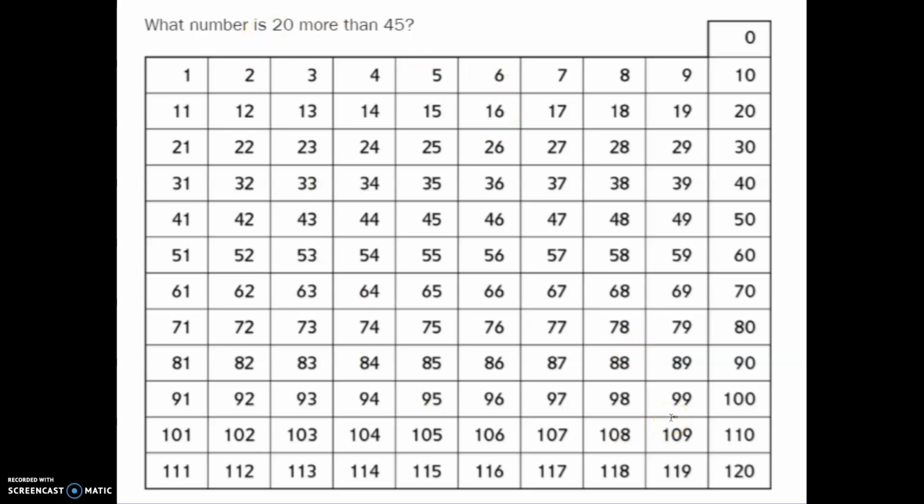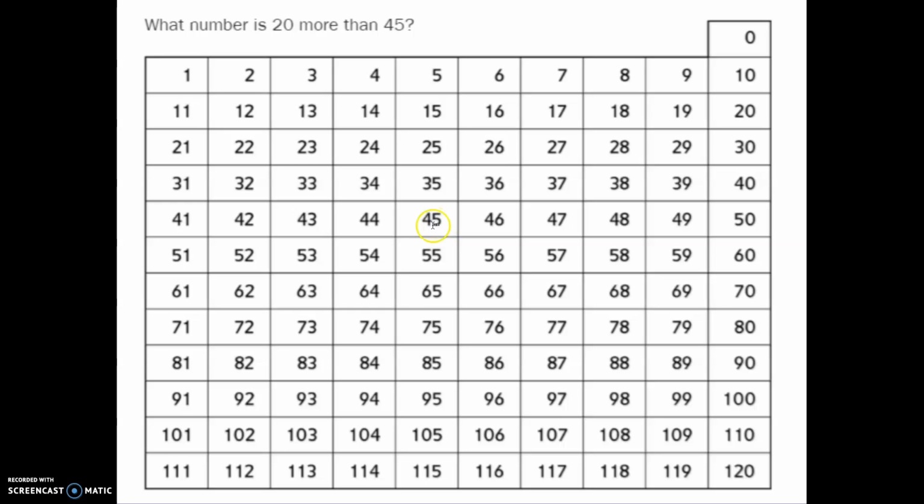Here's how you can use this tool called a number grid. If I want to know what number is 20 more than 45, I'm going to go to 45. There's a couple ways that I could do this. I could just continue counting on to the next number, and I could count 20 of them. So here's 45.